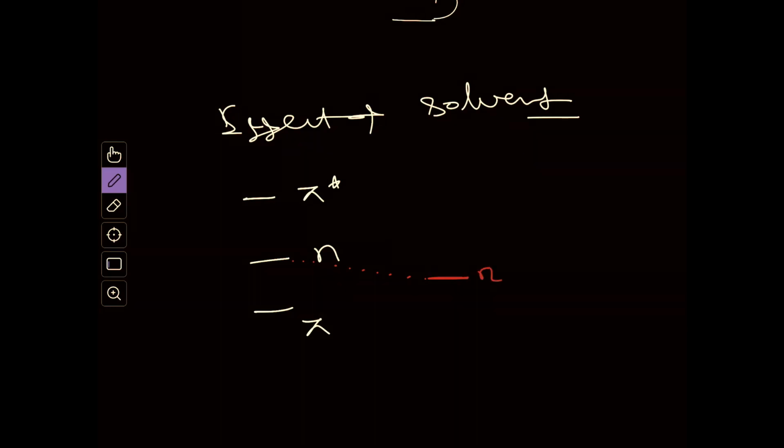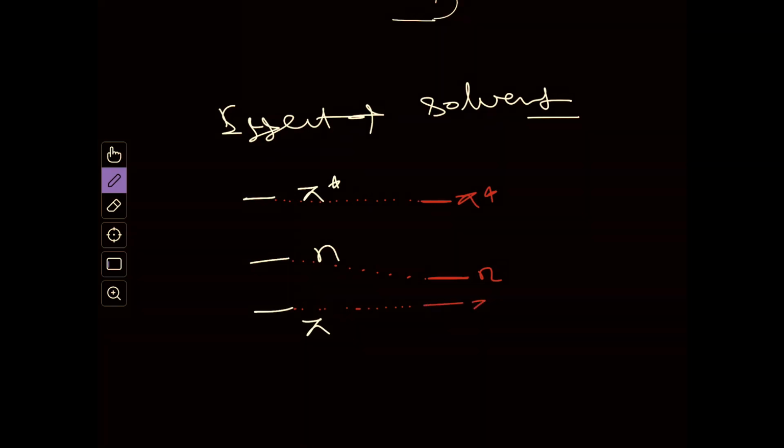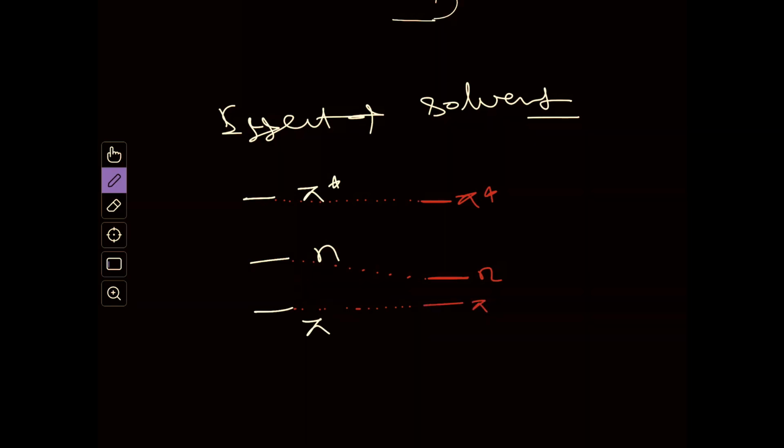The next highest stabilization will be for the pi star orbital, but for this the stabilization is lower than n and it will be somewhere here. So this is pi star, and the pi orbital is least solvated, so the stabilization is very small and it will be somewhere here. So this is the pi. So we are shifting from a non-polar solvent to a polar protic solvent.